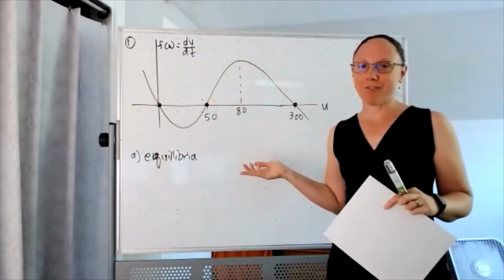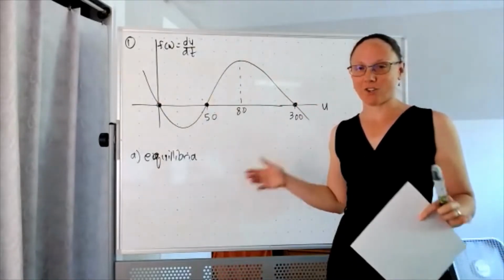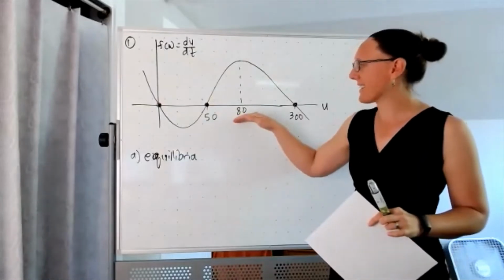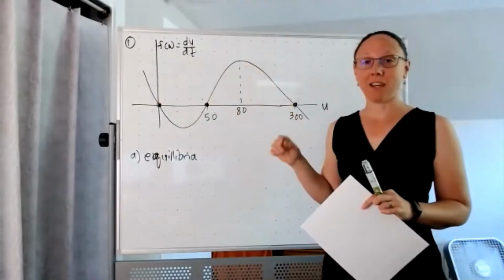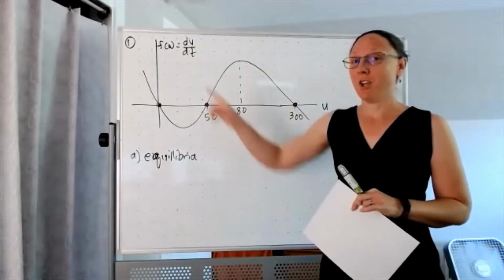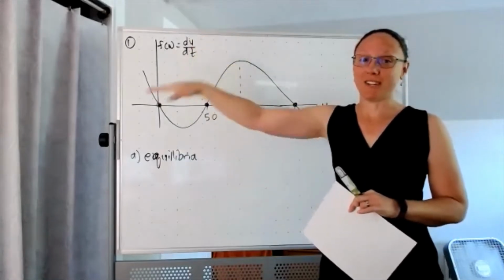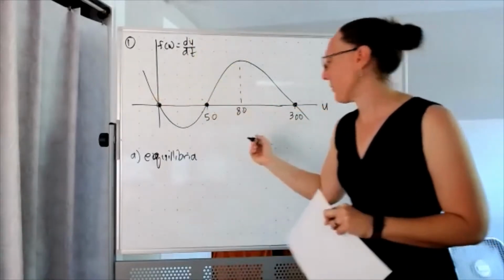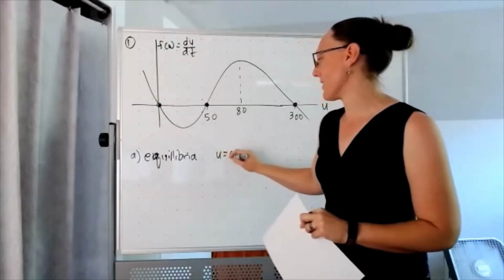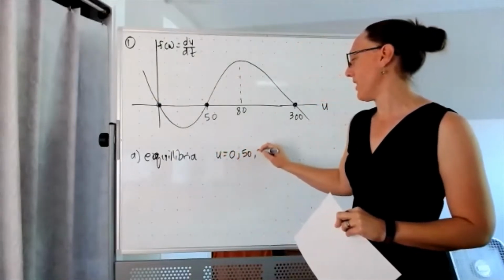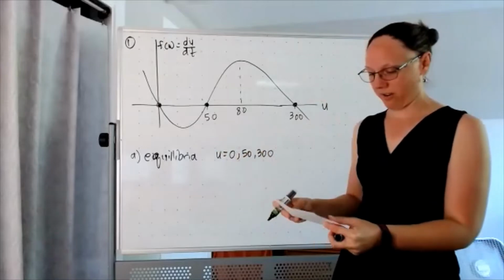Now 80 is just kind of on there, not necessarily as a distractor, but 80 is on there representing the peak, but that is not a place where my derivative du dt is equal to 0. So I'm going to list out my equilibria as 0, 50, and 300.